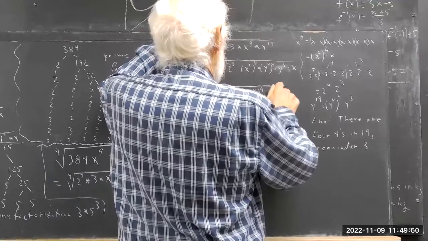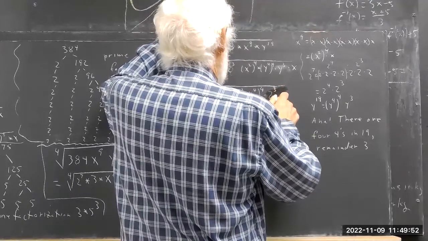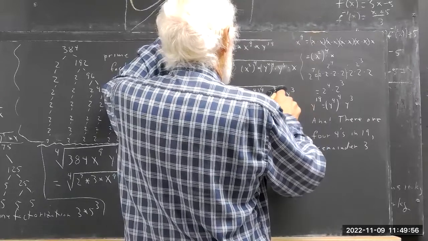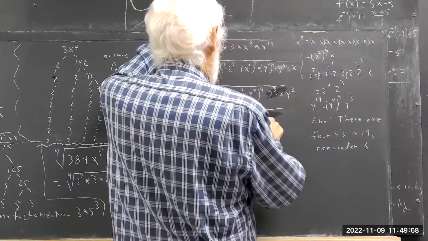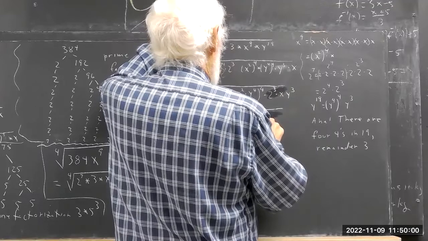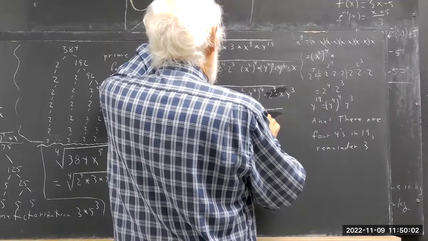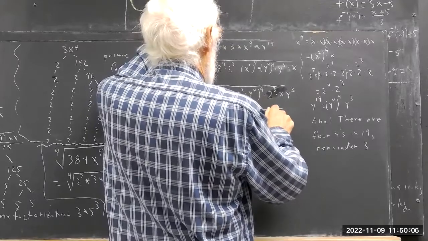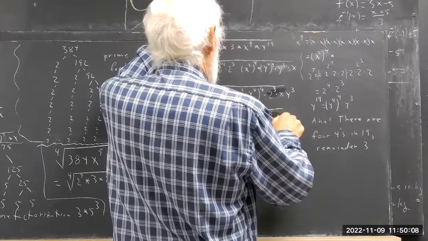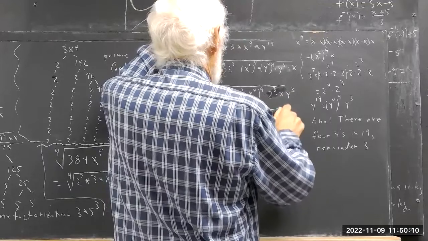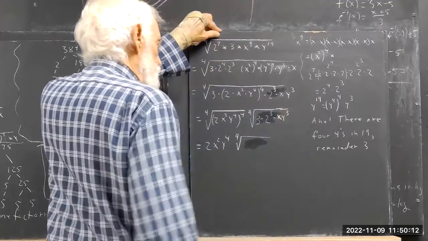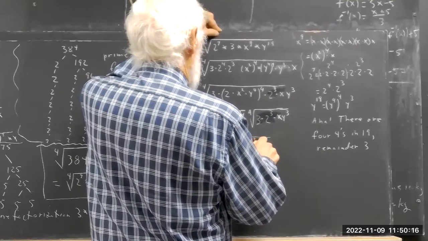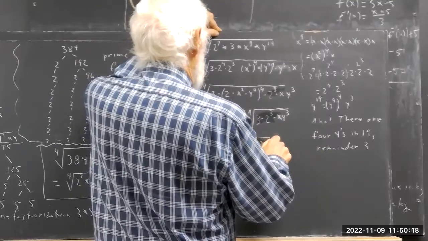Okay, so that's 2 cubed times xy cubed. So now I have 3 times 2 cubed times xy cubed.